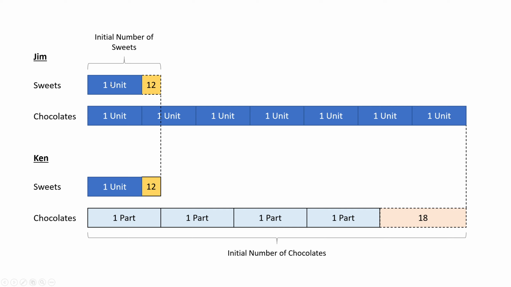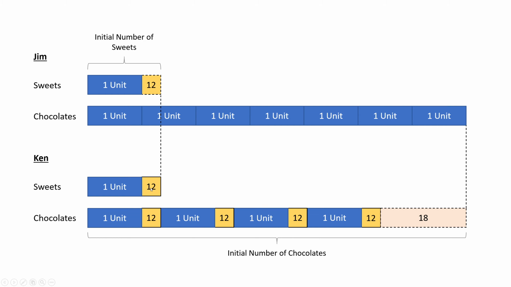Since we know that 1 part is equal to 1 unit plus 12, we bring it down, and each of these is 1 part. So each of these will be equal to 1 unit plus 12. From the block diagram, we can now see that this portion here is equal to the portion above.